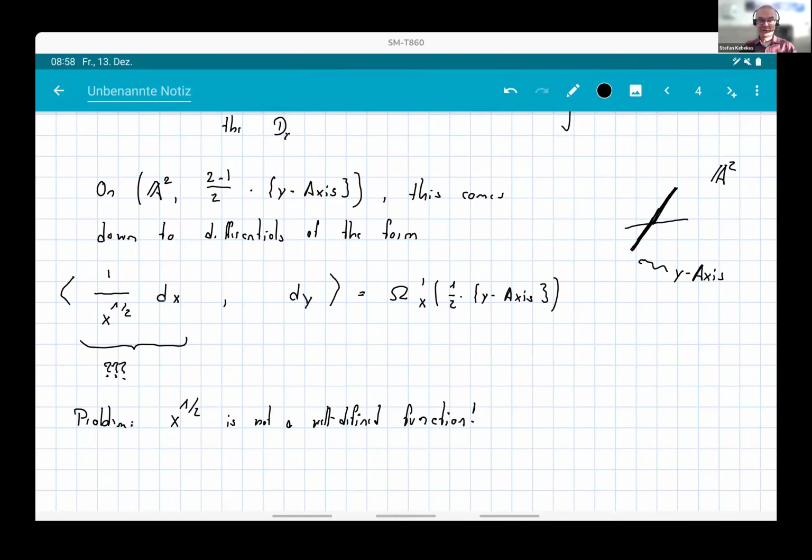The way to make it well-defined has been pointed out to us by Riemann. It's a multi-valued function, but it does become single-valued if we pass to a suitable cover.